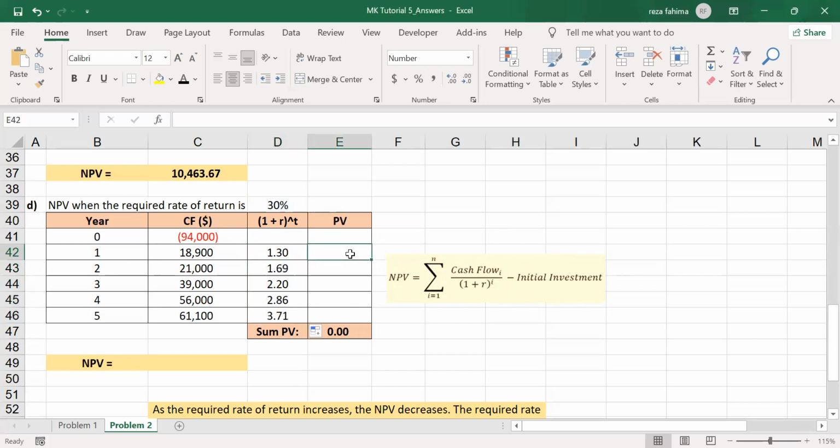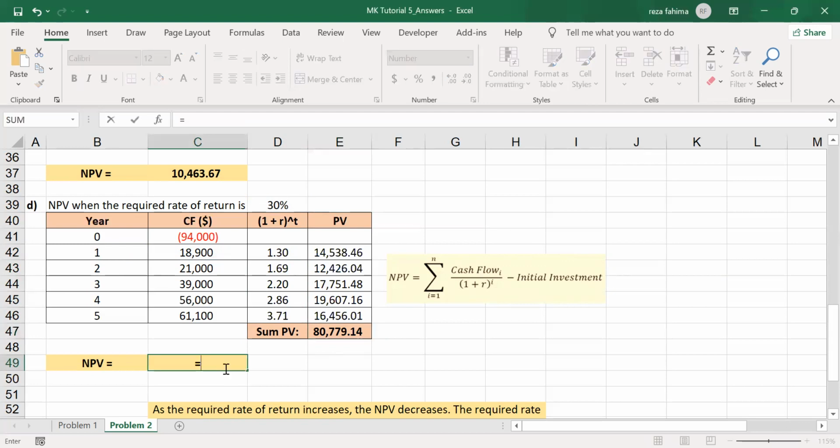Then we calculate the present value, which is the cash flow from each year divided by its denominator. And we do the same for the other years, and we get a sum of present values of $80,779.15, and we can get our NPV by subtracting the cost from this sum.